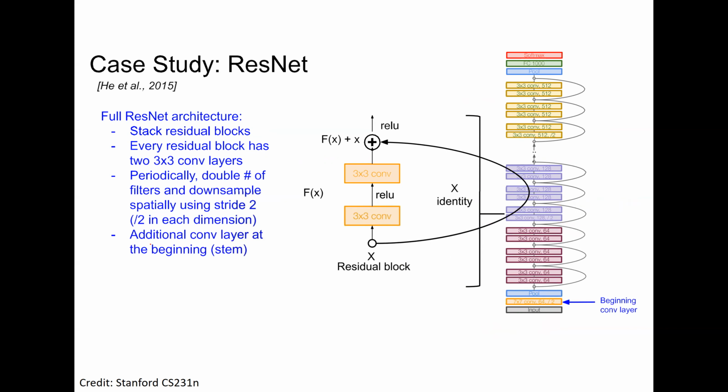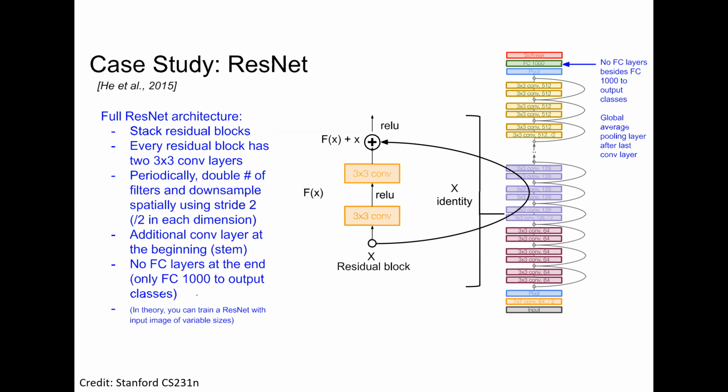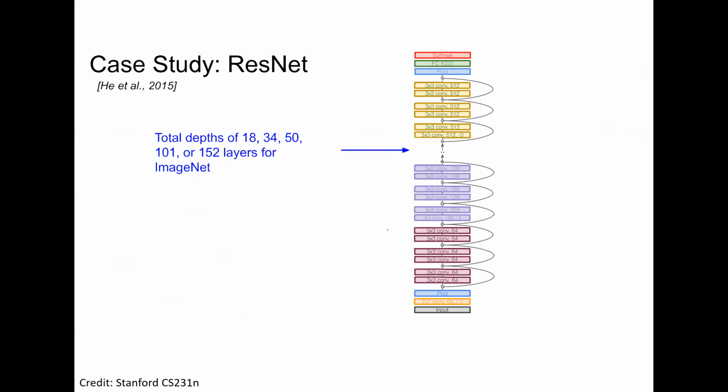There is an additional convolution layer at the beginning, sometimes called the stem layer. This one is similar to that of GoogleNet. And there is no fully connected layer at the end, only FC 1000 to output classes. Therefore, similar to InceptionNet, because we have global pooling here, ResNet can handle any size images. And ResNet is also scalable.